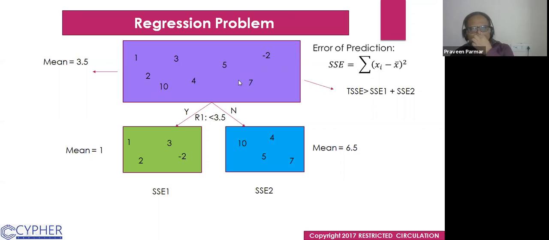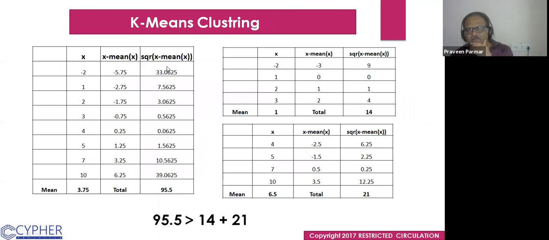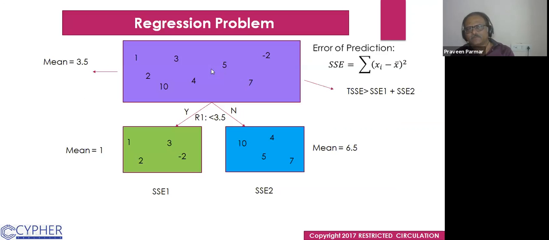So you see what is happening here. It is also the SSB. Basically what we are calculating here is SSB; I wrote E instead of B, but you have to write B. So this SSB is the major one, and this is SSB1 and this is SSB2.